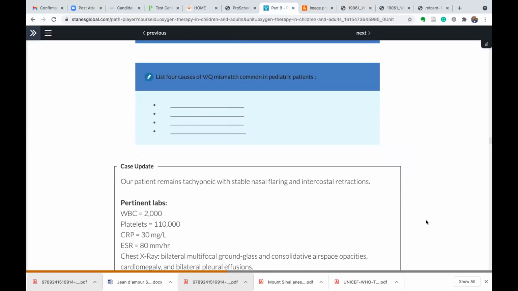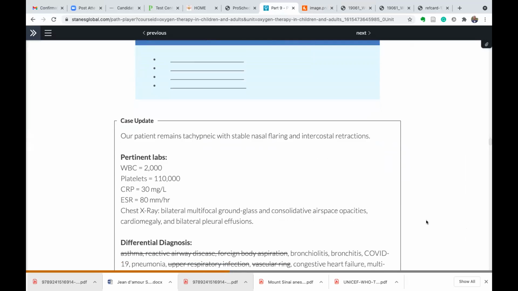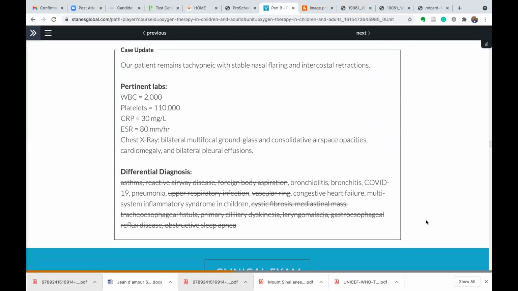Let us take a look on the progress of our patient. So our patient remains tachypneic with stable nasal flaring and intercostal retractions. Those are the signs of respiratory distress.